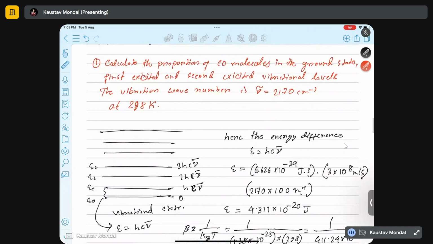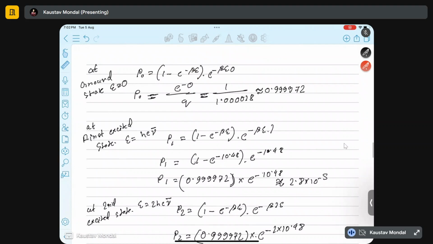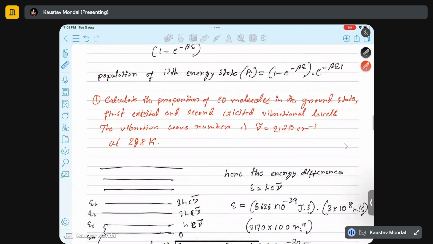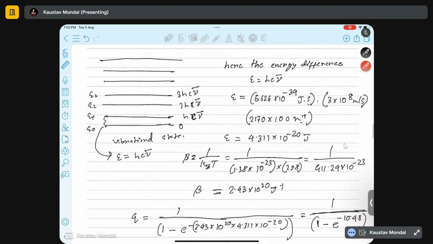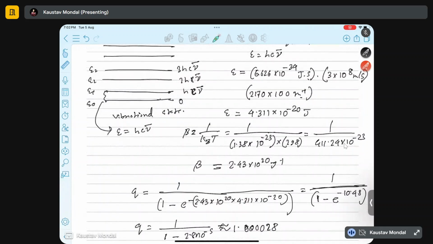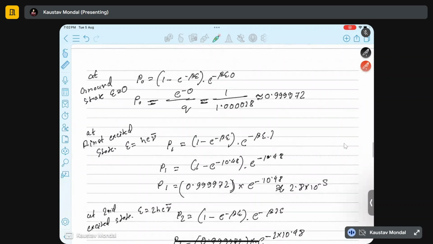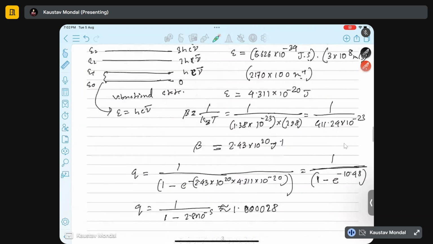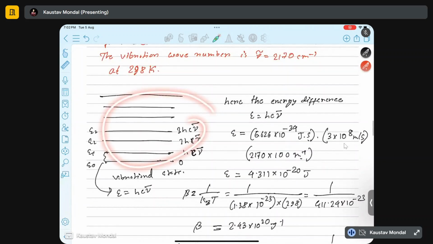Initially at 298 Kelvin, I was asked to calculate the probability at the ground state, first and second excited states. We used the concept of the uniform energy ladder, because the energies are uniformly spaced.